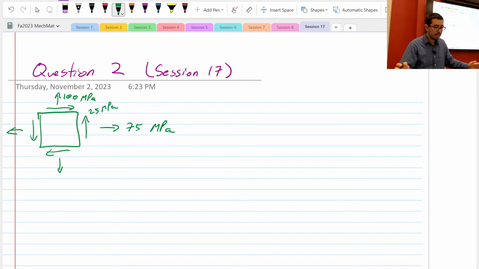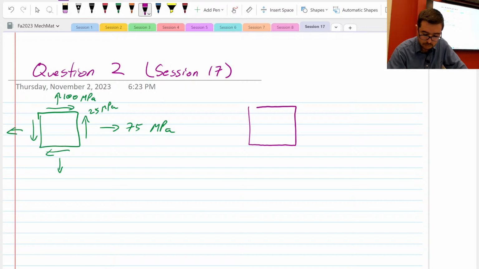Let's just say that we're going to take a slice, and that slice, I'm really bad at drawing lines, as you know, okay, is 70 degrees.